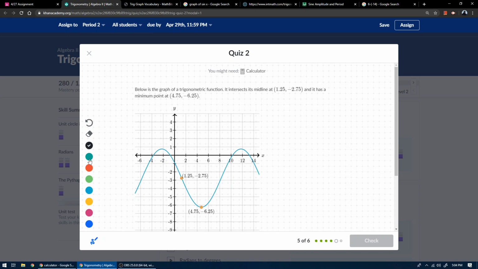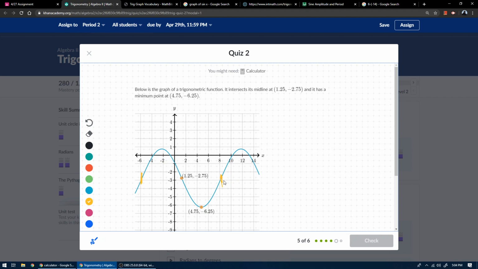Where do I see a full cycle here? I see a full cycle from about this point right here until about this point, I think right here. So this looks like a full cycle to me. Up, down, and back. That looks like a full cycle.